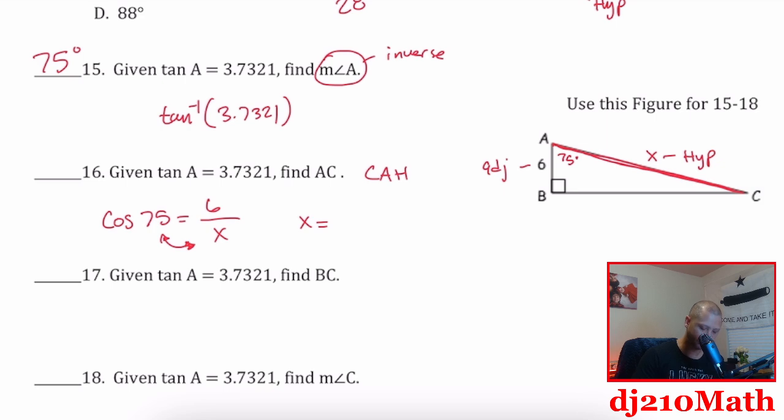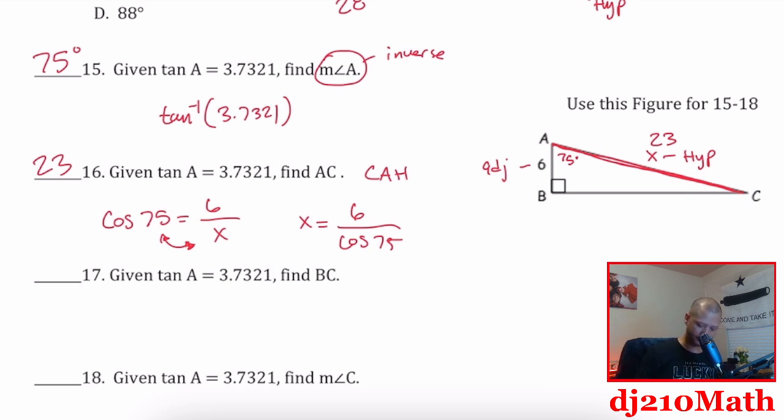This is going to be x equal to 6 over cosine 75. So 6 divided by cosine 75 is 23.